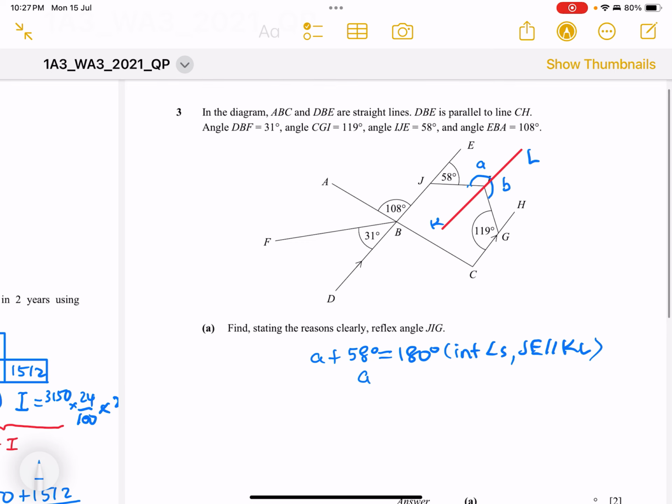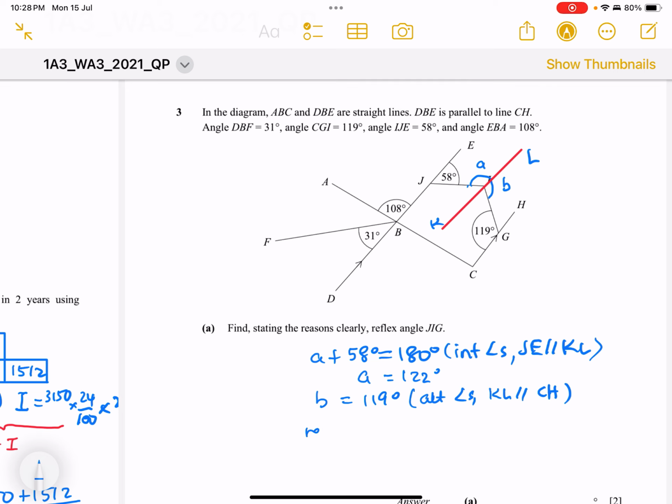Alright, that gives us A is 122 degrees. And B is equal 119 degrees because this is alternate angles. And the parallel lines is KL parallel to CH.